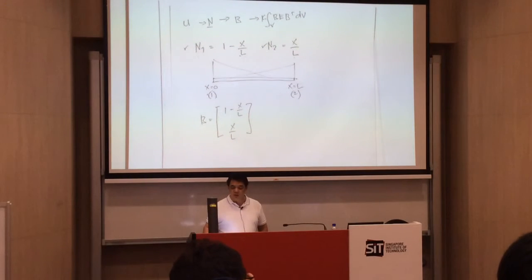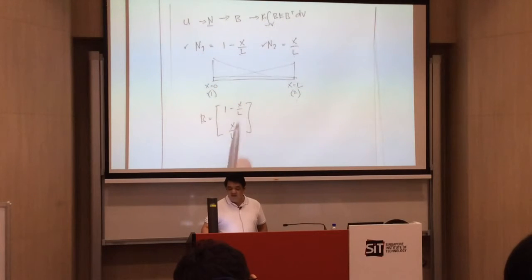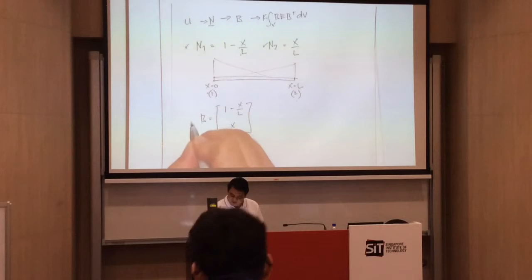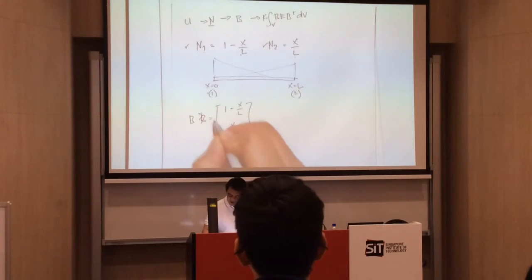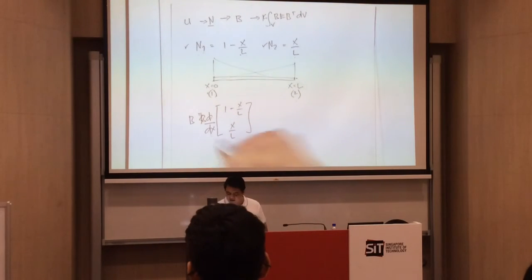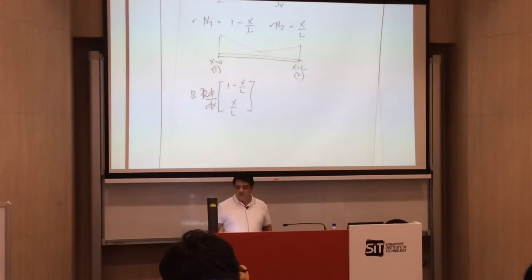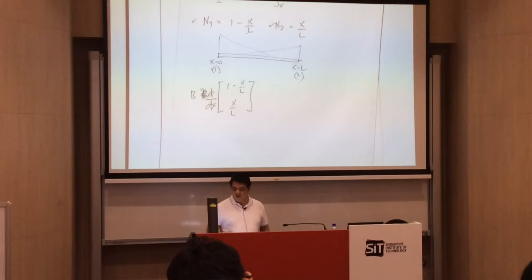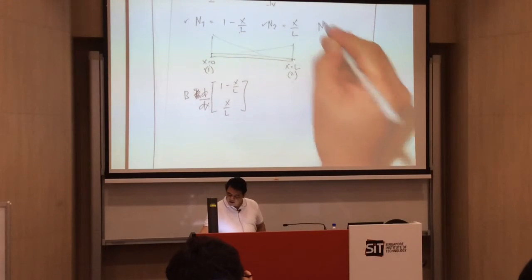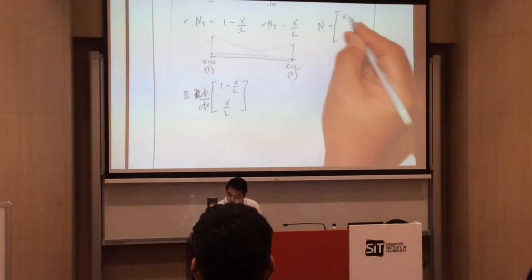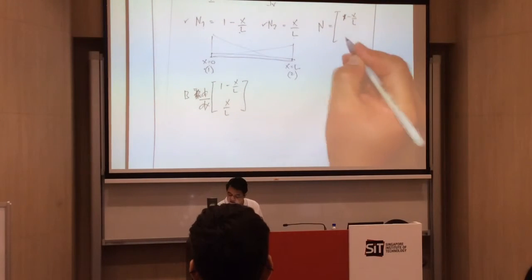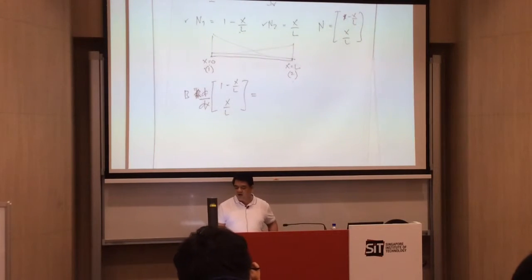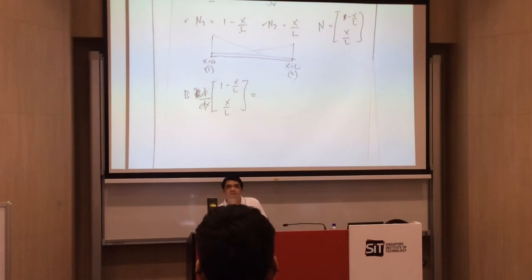Once we have your shape function, you get your B. Let me put it here, B is equal to the derivative with respect to x of N. Your N is equal to 1 minus x all over L, x all over L. So let's try to determine your B matrix.